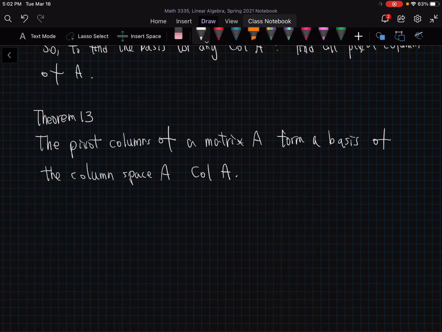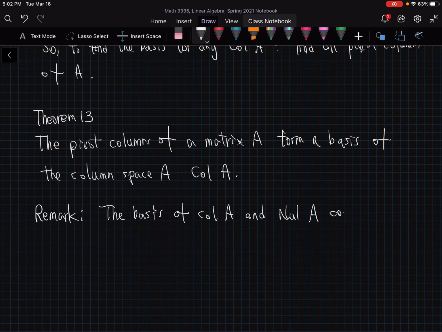One last thing to remind you, something I just said a while ago. The basis of the column space of A and the basis of the null space of A contain all columns of A, and they are complements to each other.